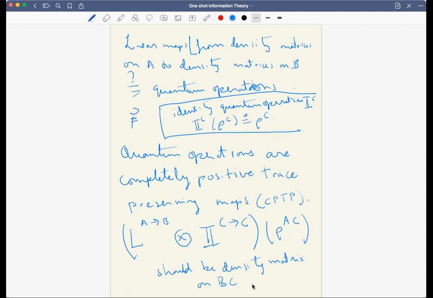It cannot stop being positive semi-definite, even if I choose not to do something on the C part and only concentrate my attention on the A part. This is also something reasonable physically. The moment you force this, you get quantum operations. So these are abstract ways of justifying quantum operations, and they give us confidence that even very general physical theories will have to fall into this ambit of quantum operations.